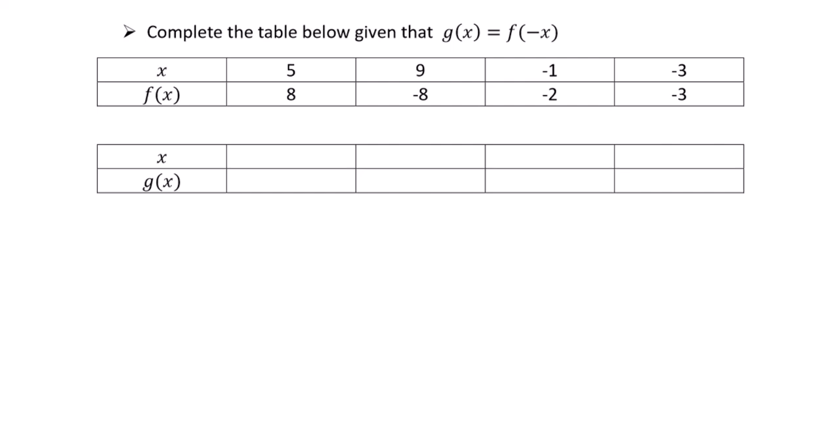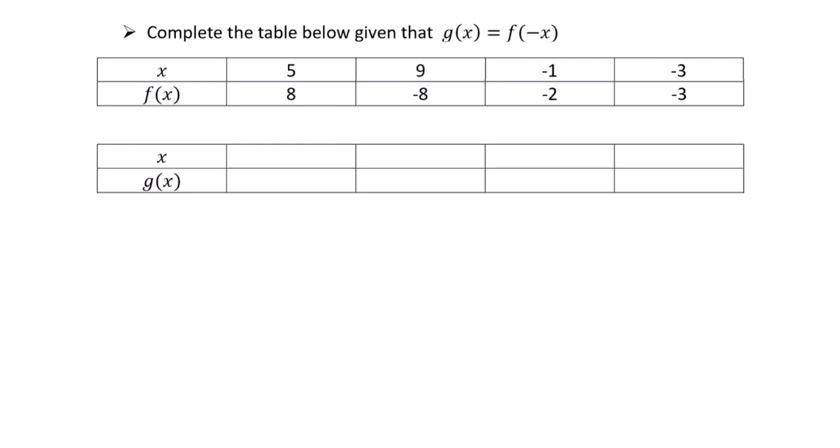Complete the table below given that g of x equals f of negative x. So remember here we had to modify the x's in order to get the proper kind of output from the function.